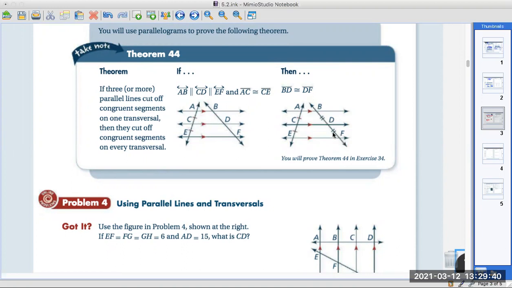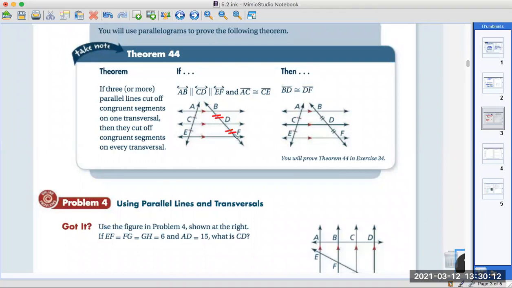You can have as many transversals as you want, but the parallel lines will make, yeah, so if AB is parallel to CD and CD is parallel to EF and AC is congruent to CE, then, so if these two are congruent, all of these are congruent as well.